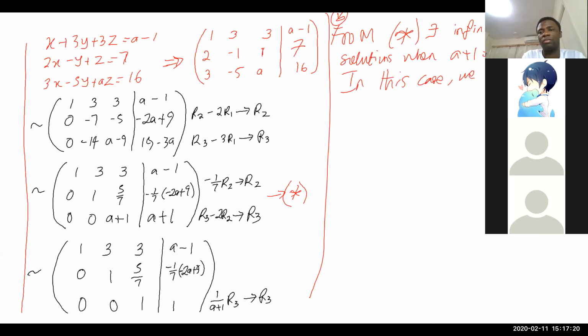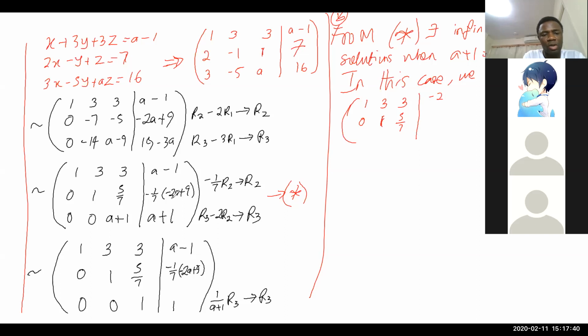So I'm going to write the echelon form. That's 1, 3, 3, 0, 1, 5 over 7. So when a is negative 1, this will be negative 2.